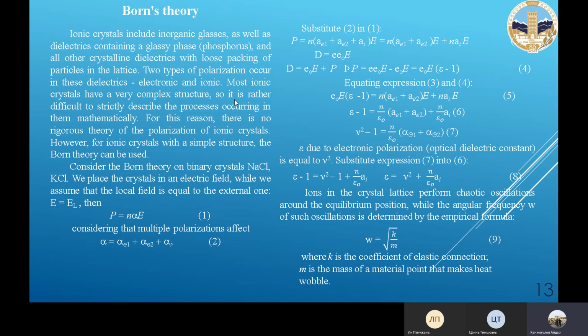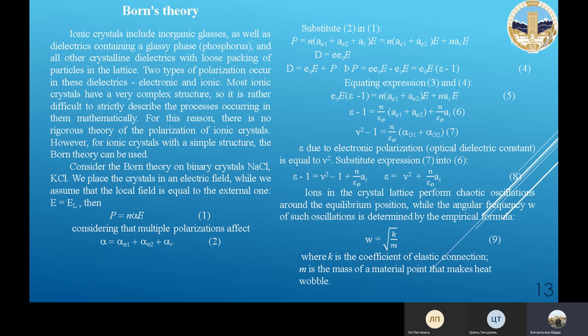Ionic crystals include inorganic classes as well as dielectrics containing classes and all other crystalline dielectrics with loose packing of particles in the lattice. Two types of polarization occur in these dielectrics: electronic and ionic polarization.